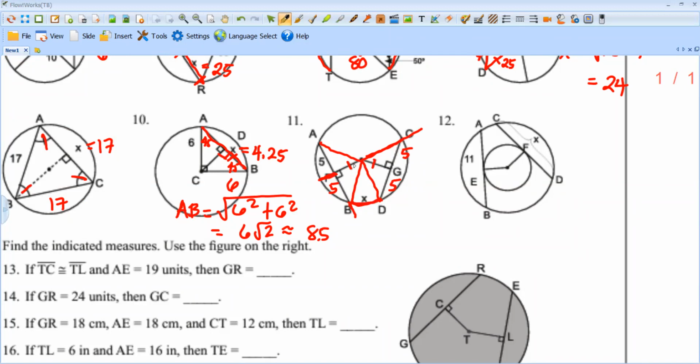This angle is, we can say this is 5. We can say that this is also 5 because it's not given.